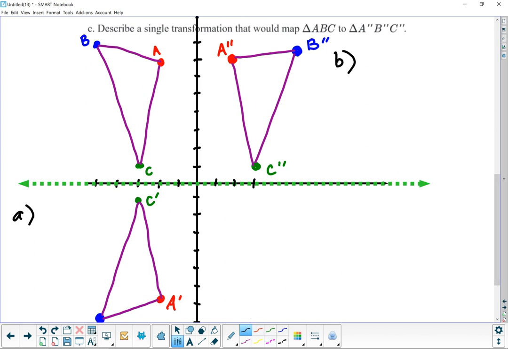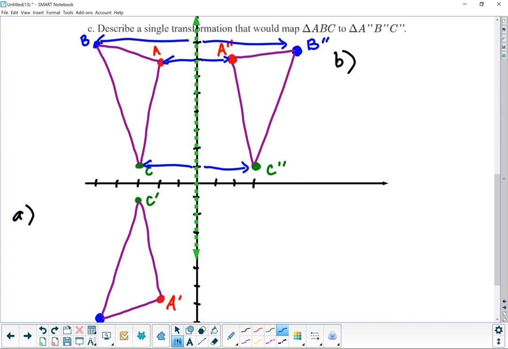Right, and you can see that, from the get-go, it looks like if I just did a reflection across this middle line, I would get that. So it looks like if I just go 3 this way versus 3 that way, 2 this way versus 2 that way, 5 that way versus 5 this way. So it looks like I'm just doing a reflection across the y-axis.